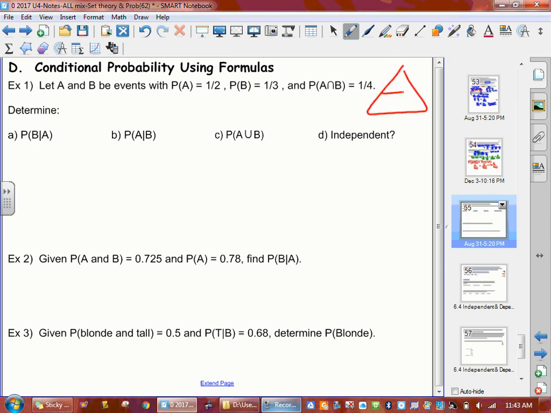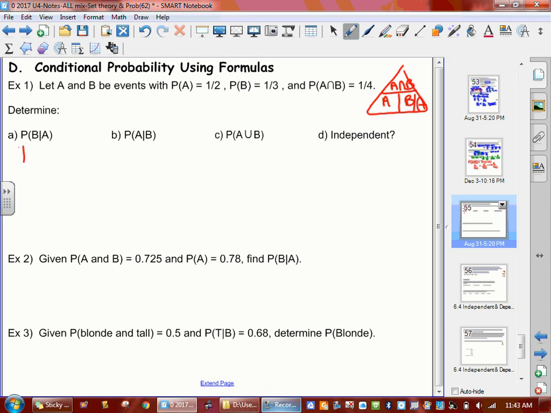So, this is where we have A and B on top. Over here, we're going to have A, and then B after A occurred. Now again, remember, if B was on the left, the A and B on the right would switch places. So, if I wanted B after A occurred, well, I cover that part up, and then I know what I'm dividing. I take and I divide it by A.